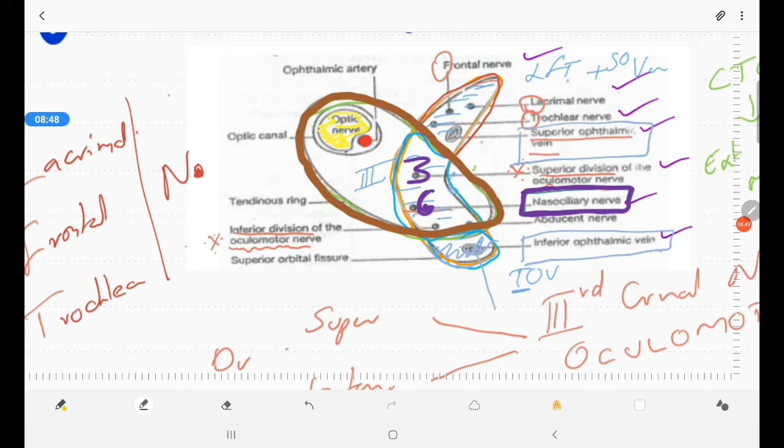Along with structures passing through the center of the superior orbital fissure, which are the third oculomotor nerve, sixth abducent nerve, and the nasociliary nerve, the superior and inferior divisions of the oculomotor nerve are there. Along with that, there are also the optic canal structures, which are the optic nerve and the ophthalmic artery.